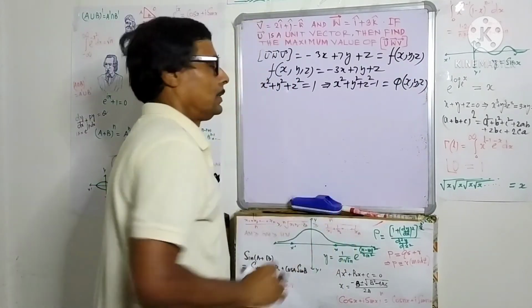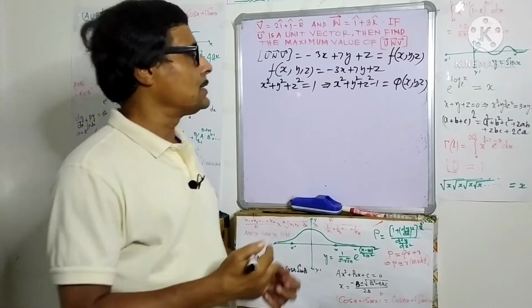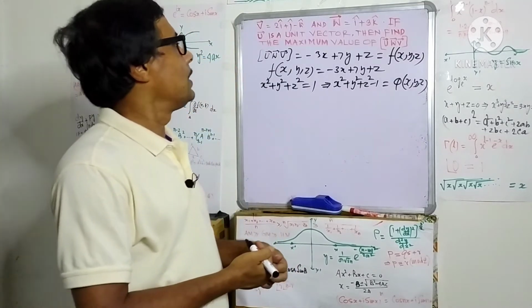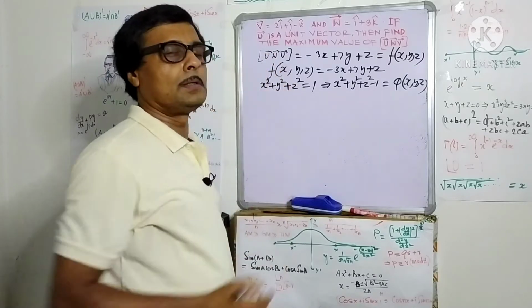Now we use the Lagrange method of multipliers to maximize this function f(x, y, z), that is UWV.